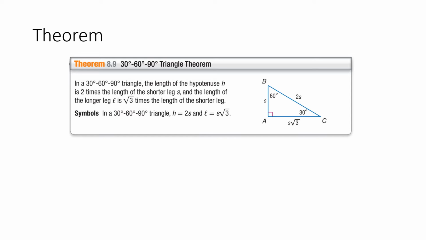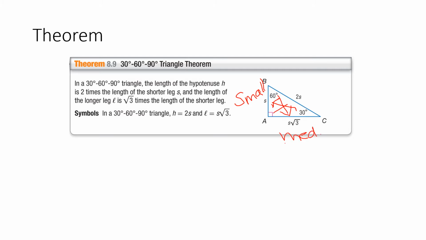What's helpful to understand about a 30, 60, 90 triangle is that you have a small side, which is opposite from the 30. You have a medium side, which is opposite from the 60.